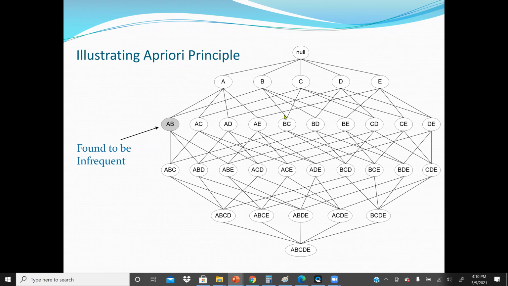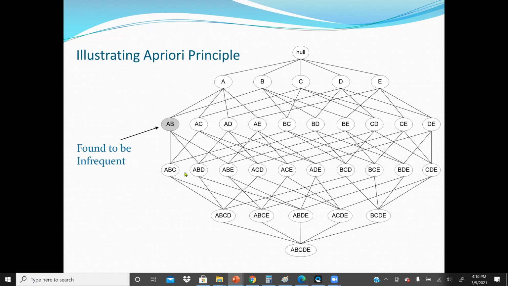So an example is given here. We start with single items, then the combinations of them. You see that the items are A, B, C, D, E. We have 5 one-item sets. Then the 2-item sets, the possible combinations.